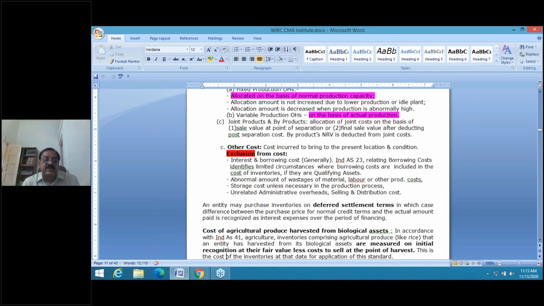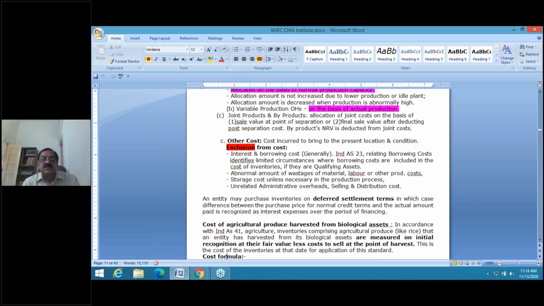Similarly, abnormal amount of wastage of material, labor and other production costs. You know, abnormal wastage always goes to P&L. So they are not to be added. This also you must have learned in the chapter of overheads at your Inter level. Storage costs, unless necessary in the production process. Suppose your production process requires the goods to be stored, like wine.